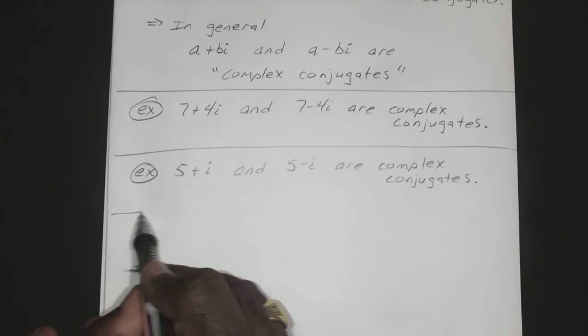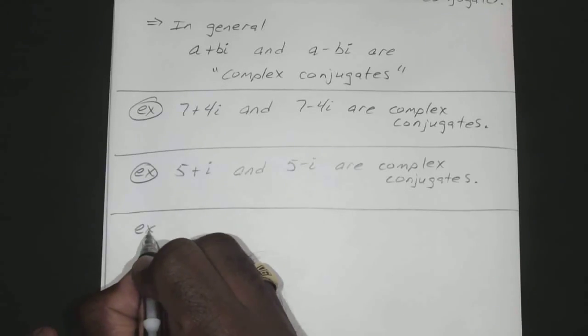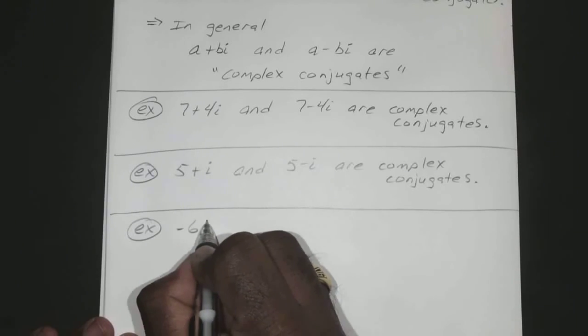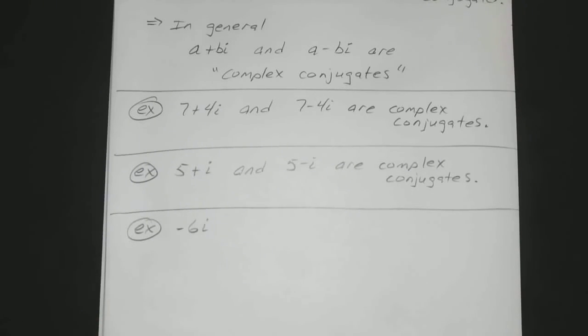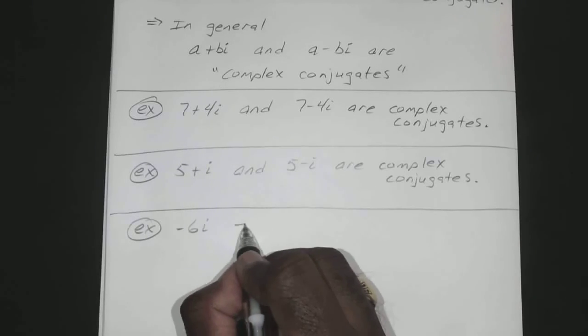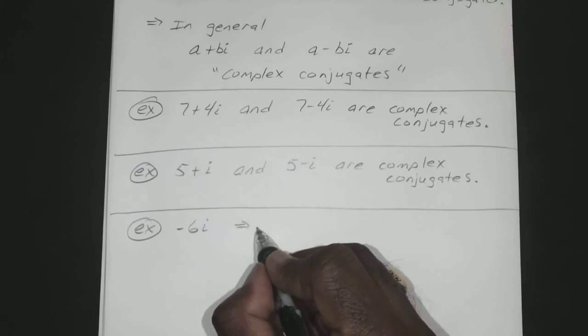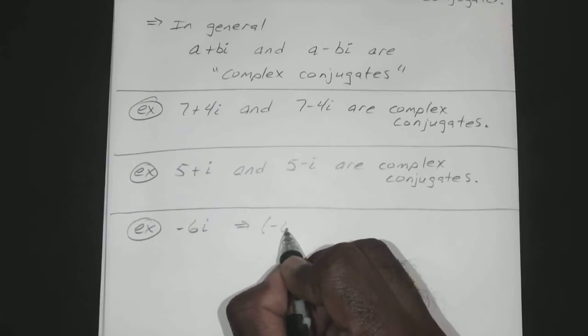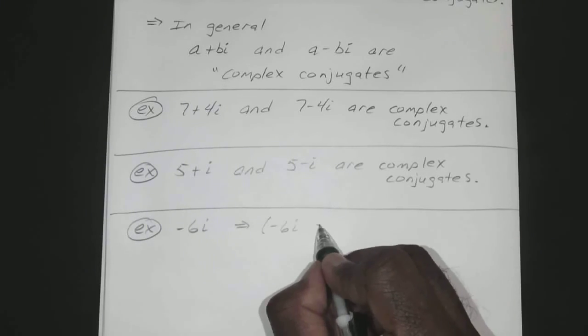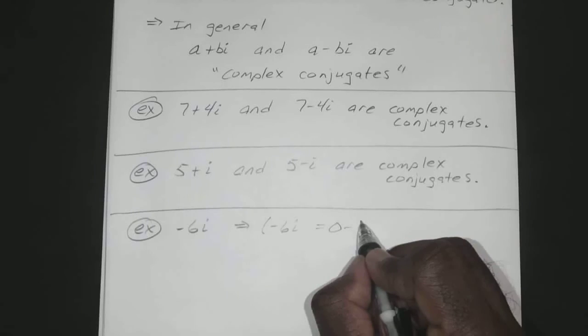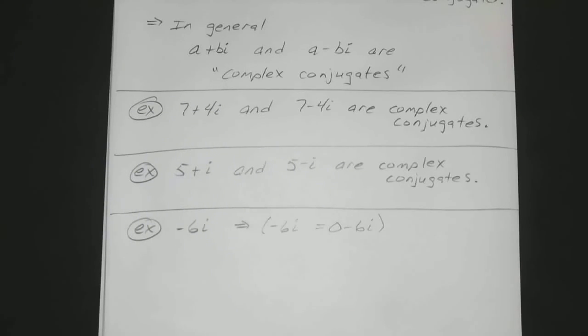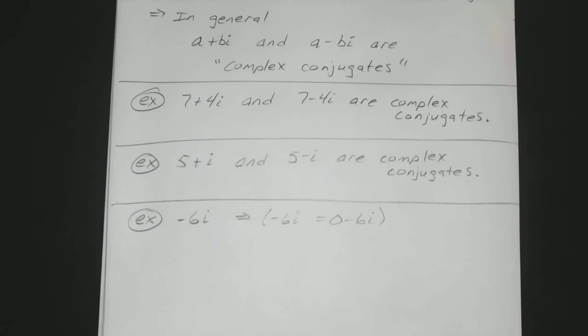Or what if you just had, say, negative 6i? If you think of it this way, negative 6i is just 0 minus 6i. So that means 0 minus 6i and 0 plus 6i are complex conjugates, which means 6i is its conjugate.